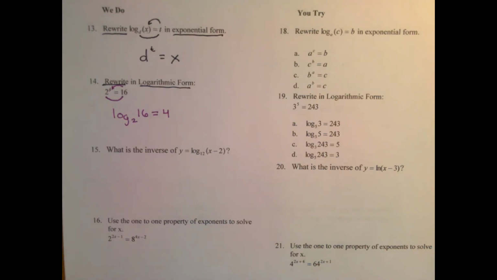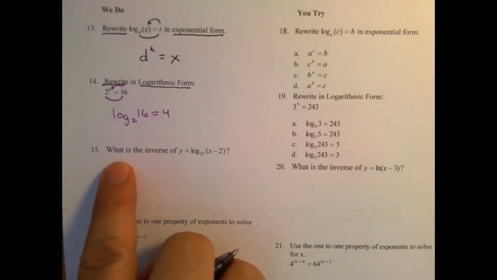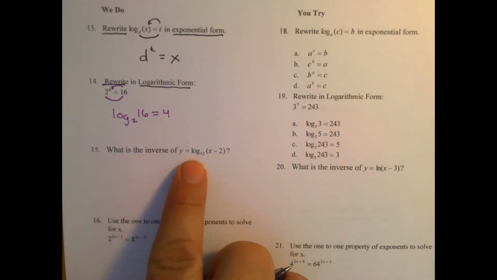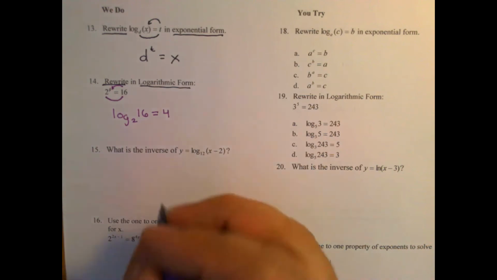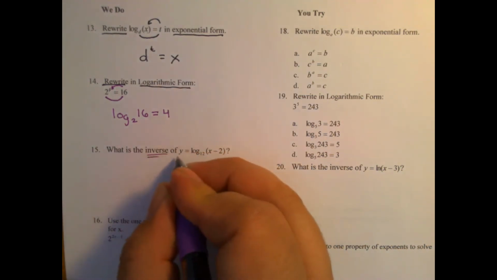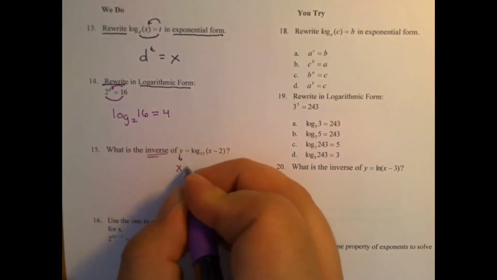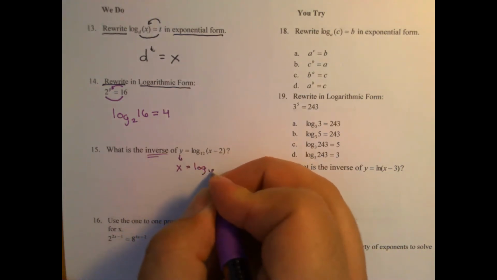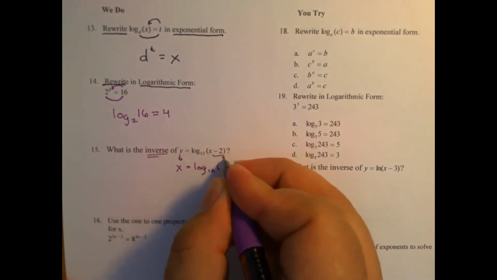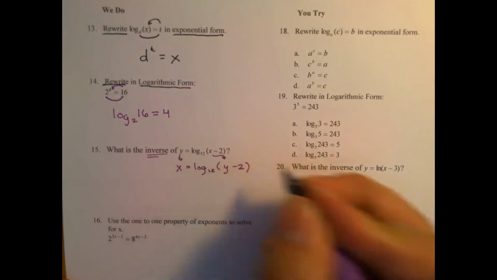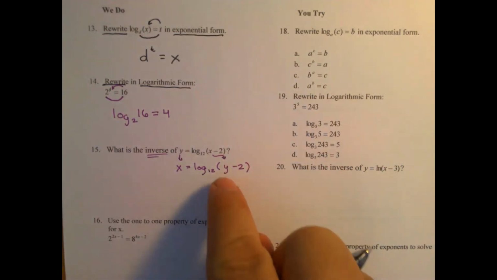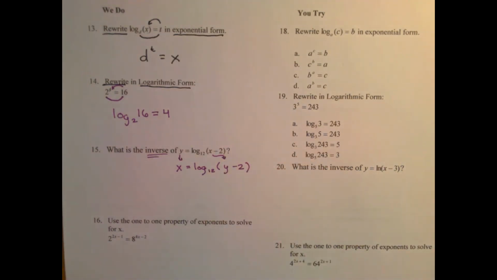Like I said, they're going to be some of the shorter, easier questions on the test. It says, well, what is the inverse of y equals log base 12 of x minus 2? Well, first things first, when they say inverse, that y is now an x. Everything else remains, but that x is now a y. And now it's our goal to get that y out of there, because that's how we're going to find the inverse.